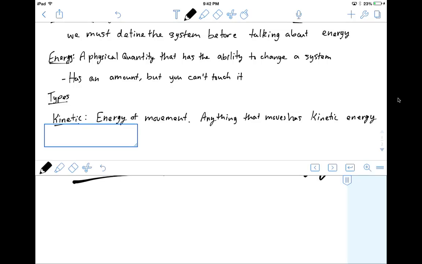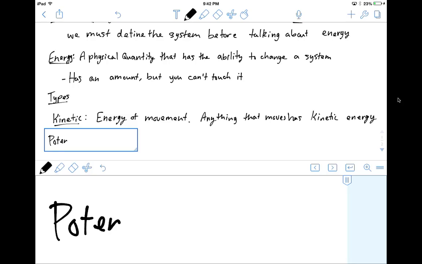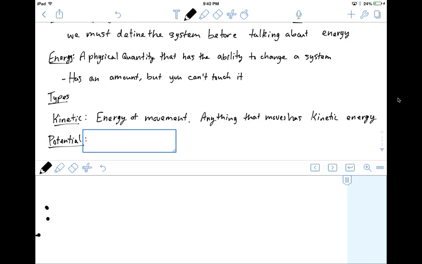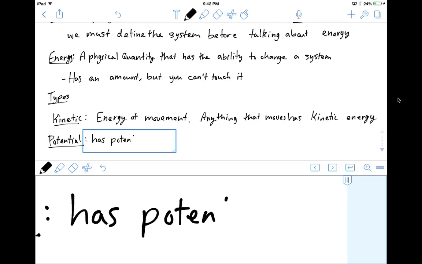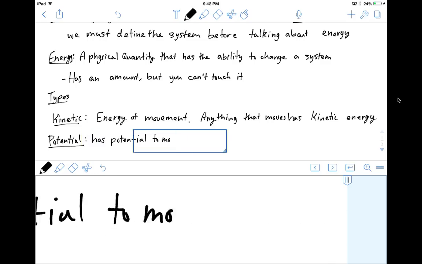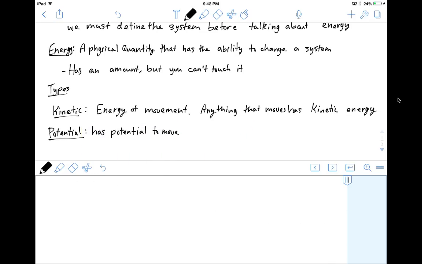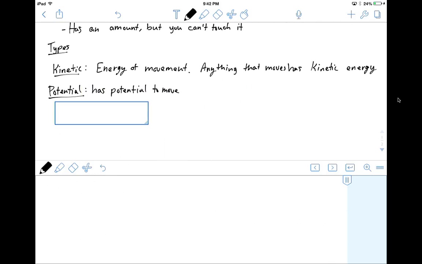Next is potential. Potential is sort of like if an object has potential to move, then it has potential energy. Specifically, there are two types of potential energy.